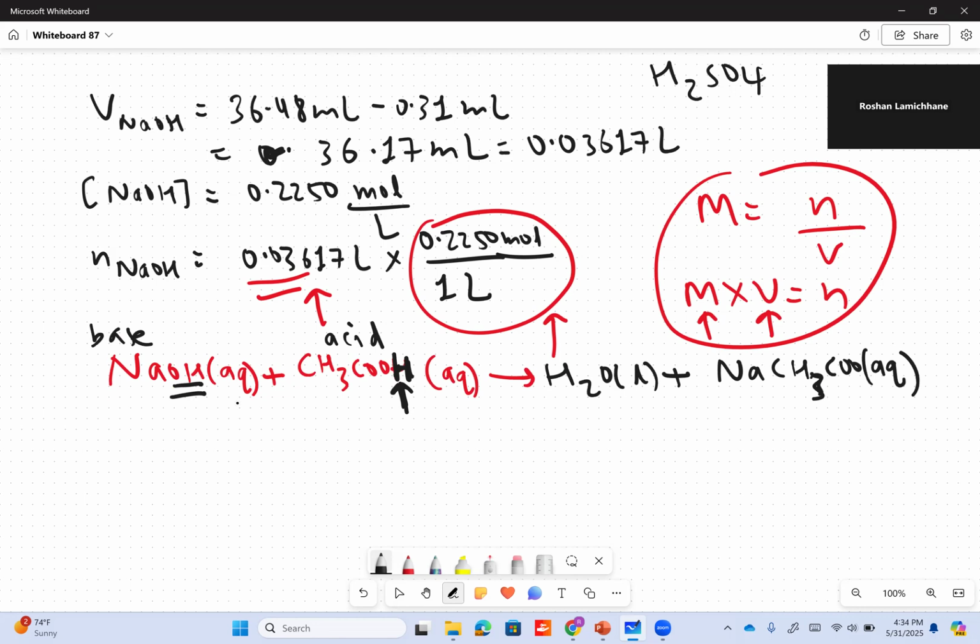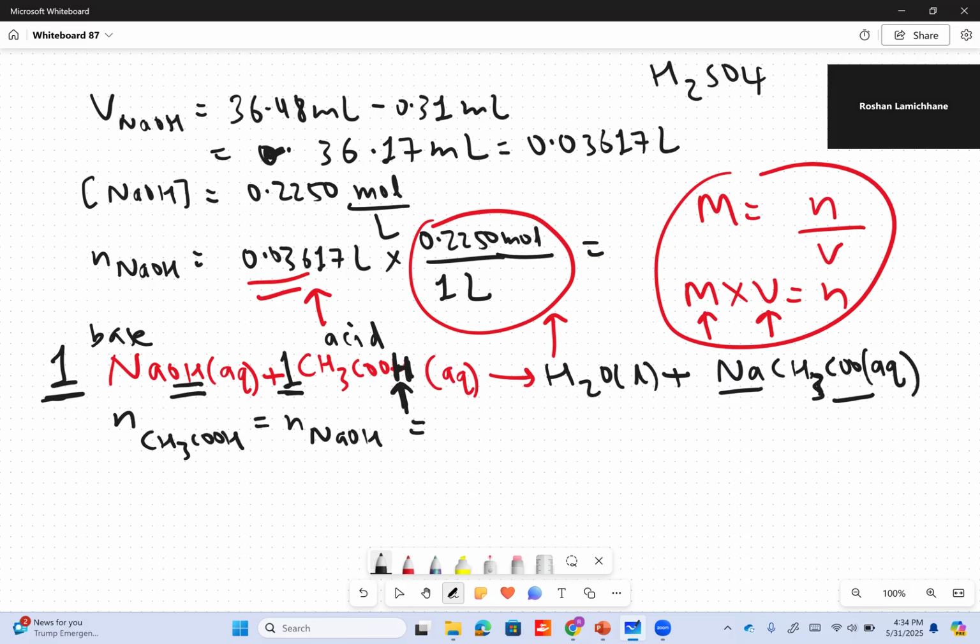Now what this is telling me is 1 mole of NaOH reacts with 1 mole of CH3COOH, to give me 1 mole of H2O and 1 mole of sodium acetate salt. So from this 1 to 1 mole equimolar ratio, I can figure out the number of moles of CH3COOH, which is my acetic acid, is going to be the same as the number of moles of NaOH, which is going to be my math right here.